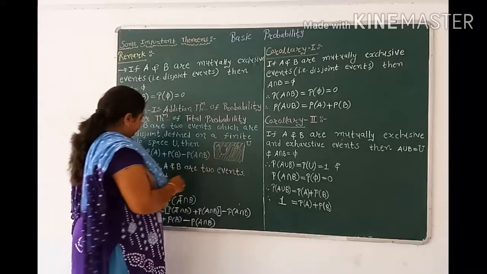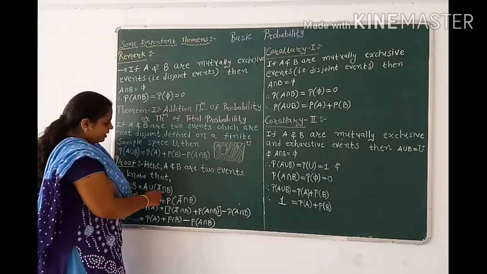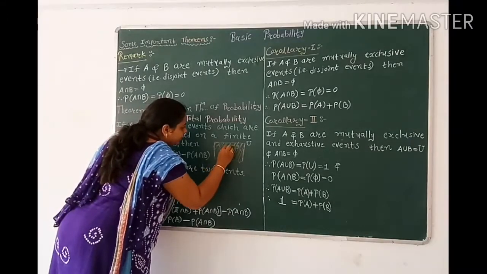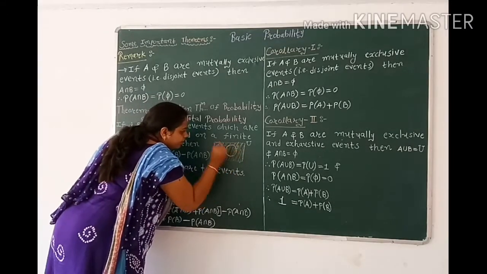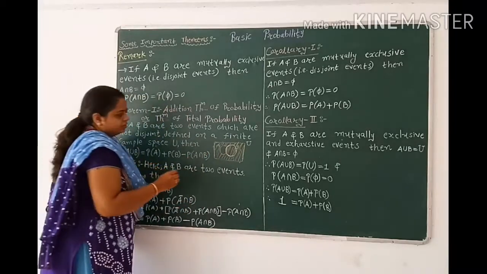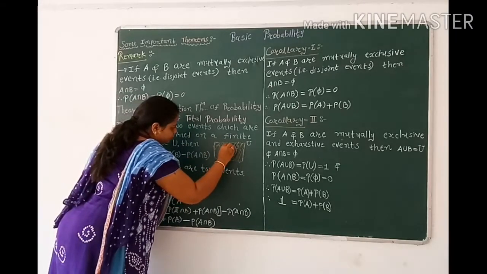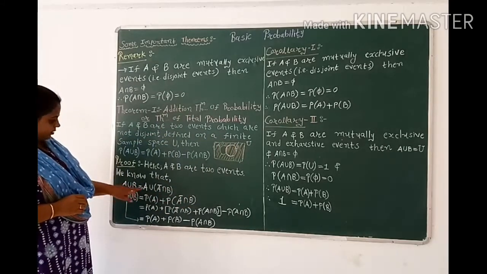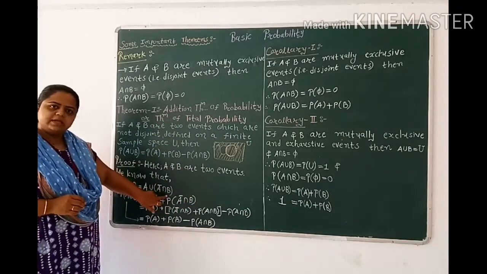The intersection of A bar and B is only B's part. So we can write B equal to A bar intersection B.